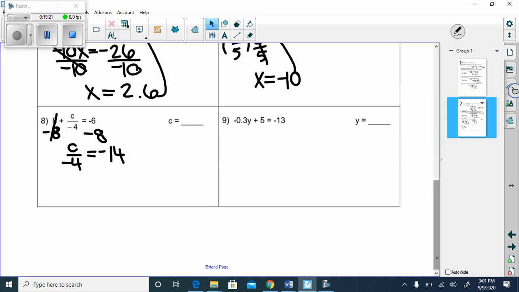Now I have c divided by negative 4 equals negative 14. So how do I get rid of divide by negative 4? Good. So now that goes away. And I have c equals negative 14 times negative 4. Good.